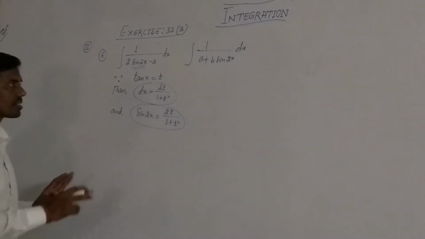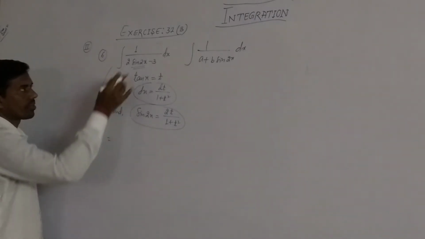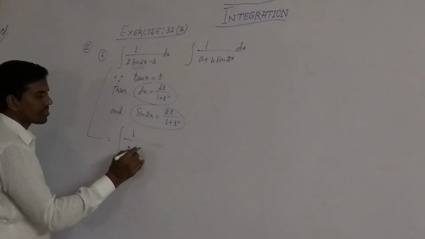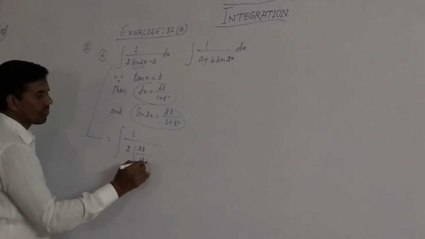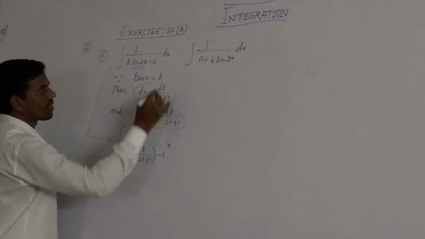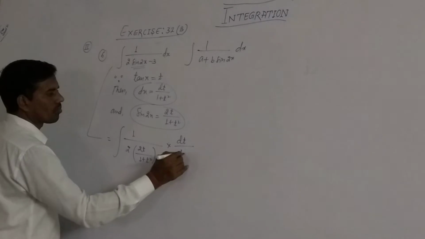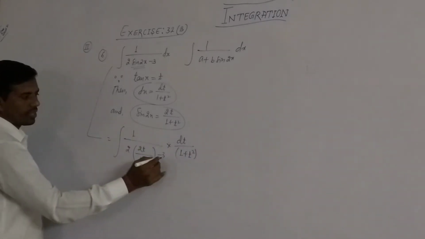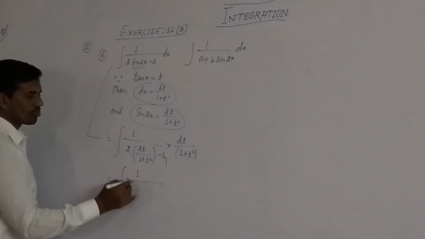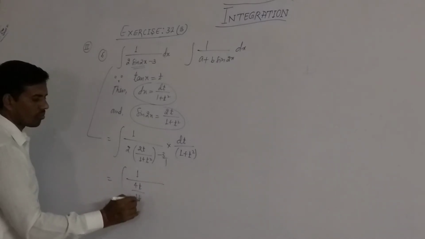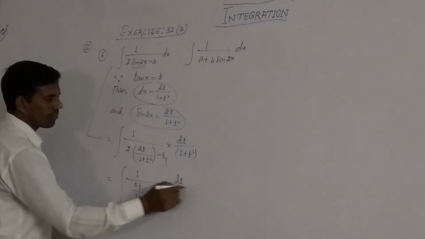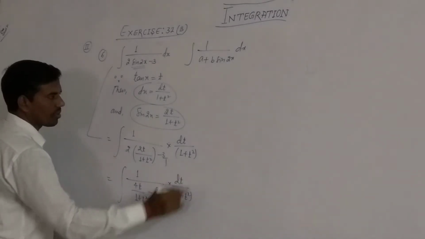Let us substitute these in our integration format, that is 1 upon 2 into sine 2x, that is 2t upon 1 plus t square, minus 3, and dx can be written as dt upon 1 plus t square, and 3 can be written as 3 upon 1. After simplification we can write 4t upon 1 plus t square minus 3 upon 1, into dt upon 1 plus t square.